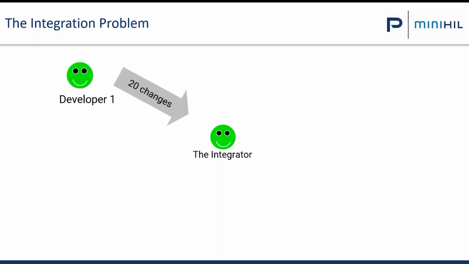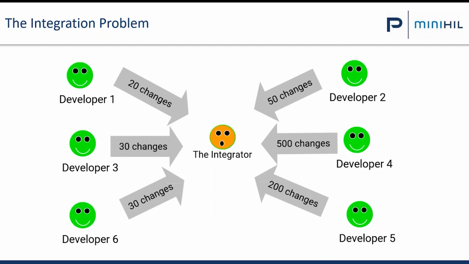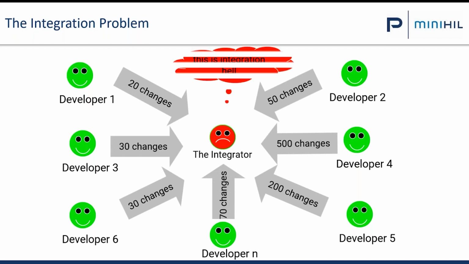We're talking about software changes, of course. Then the next one 50 changes, then 30 changes. And suddenly we have a couple of hundred changes by developer 4. The integrator is not really happy about that. And some more changes, and in the end, the integrator cannot handle this anymore. And this is integration hell.